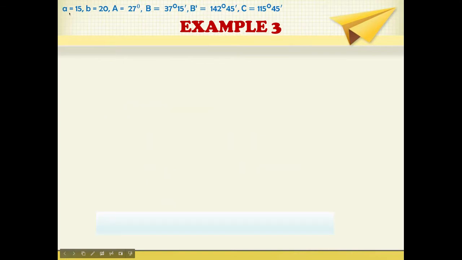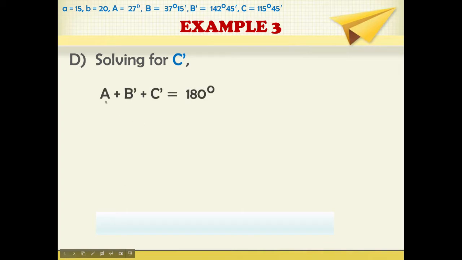So now we have side a, side b, angle A, angle B prime, and angle C. Let us now solve for angle C prime. Remember, angle C prime is part of the second triangle. The three angles of the second triangle are angle A, angle B prime, and angle C prime. By the angle sum of a triangle, angle A plus angle B prime plus angle C prime equals 180 degrees.